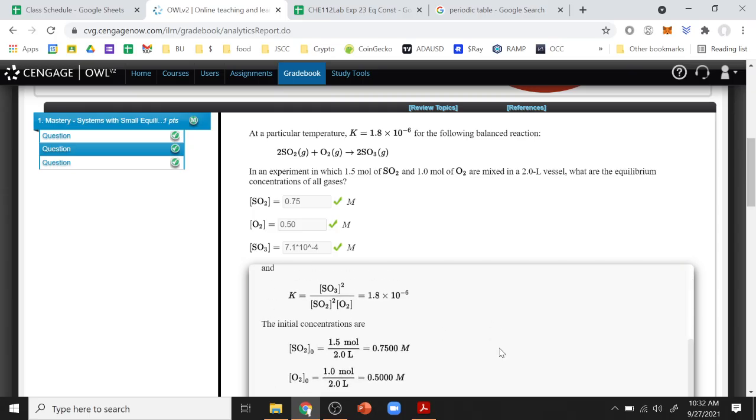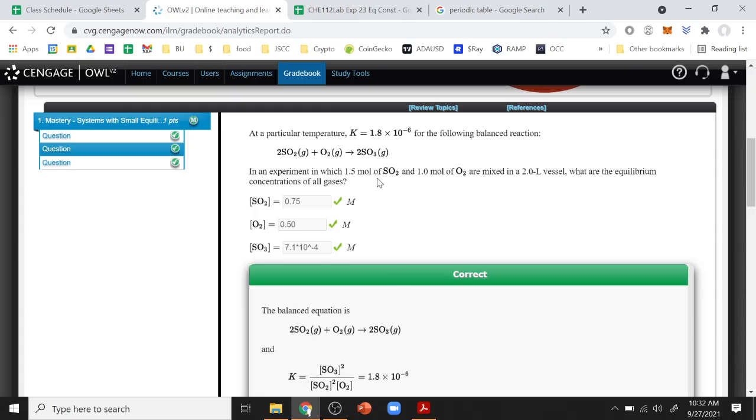Okay, next thing we do is we have to go ahead and figure out our initial concentrations, don't we? We weren't given initial concentrations, so we're going to have to figure them out. How do you figure out a concentration? Well, that is what over what? Concentration in molarity would be moles over liters.